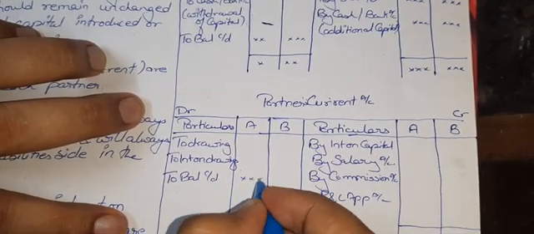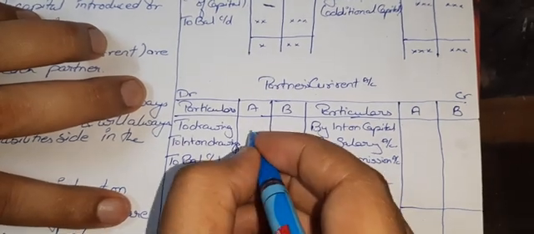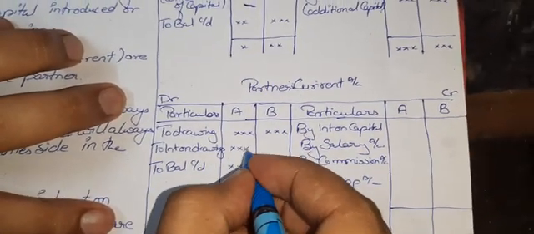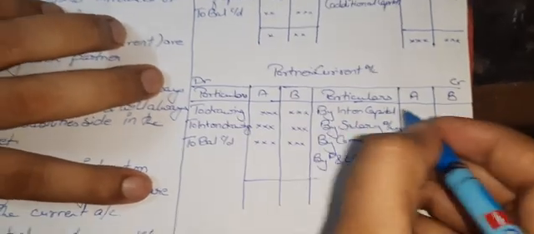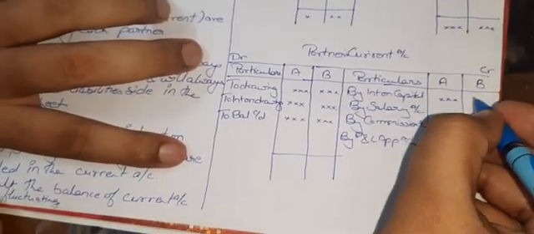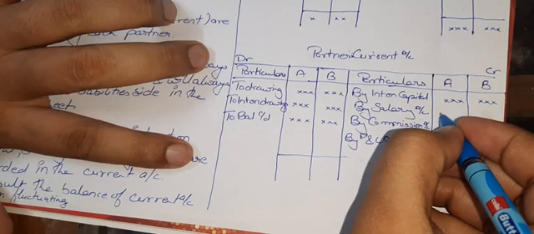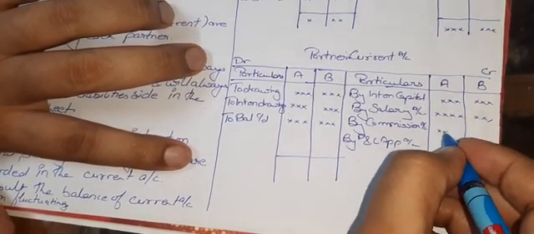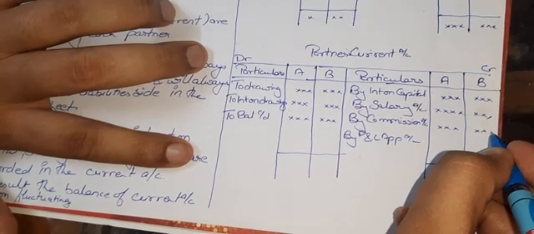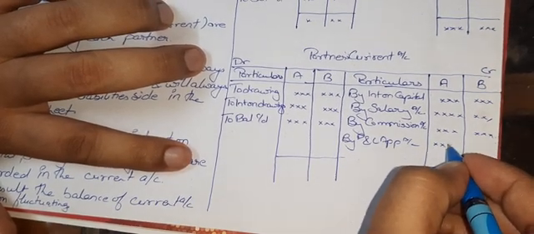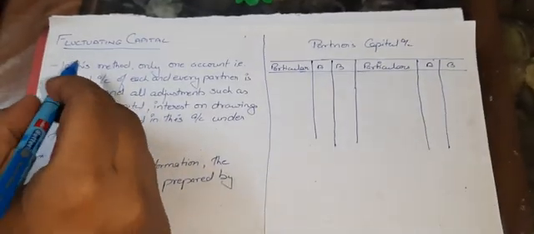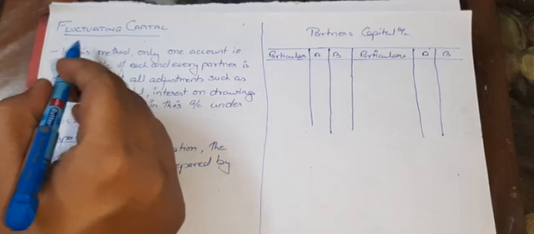So this is how the fixed capital account is made when there are two partners. In a fixed capital account, we make two accounts. Hope you are able to understand the fixed capital account. Now the second type is fluctuating capital.